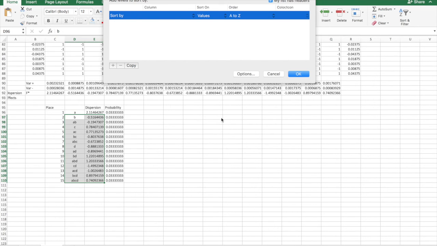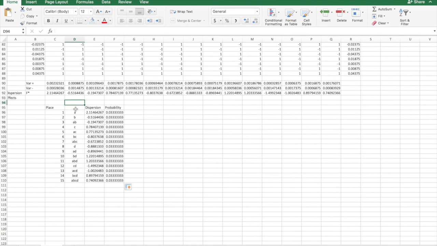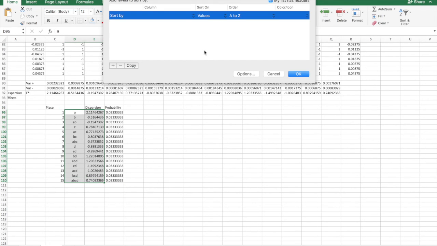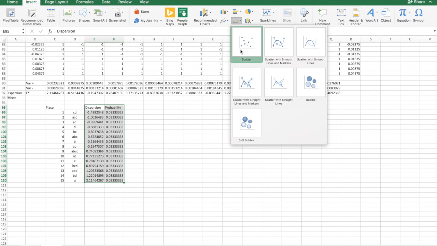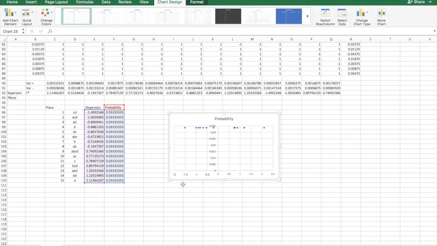So we have to select from up here, sort, custom sort, the dispersion from smallest to largest. And then we plot on a scatter graph, and we can observe that they indeed follow a straight line.